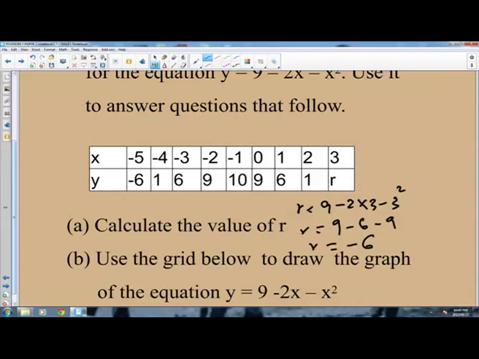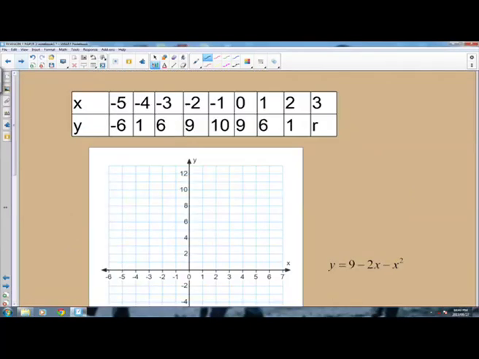And then B, use the grid below to draw the graph of the equation y equals 9 minus 2x minus x squared. So there is a grid provided, and you are to use the grid to draw the graph of the function. Let's have a look at the grid provided and draw this.